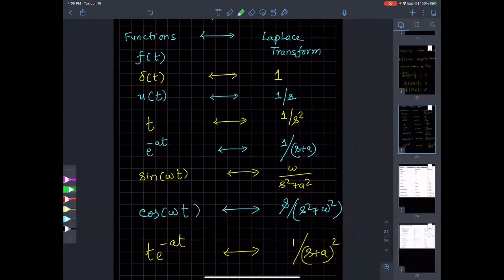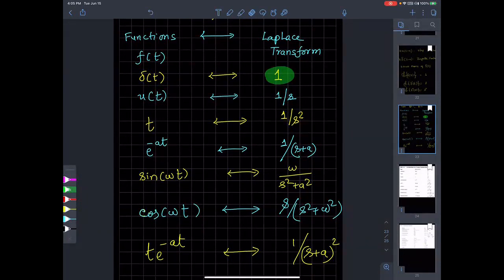If you have a function that is delta, what is its Laplace transform? If you have a step function, what is its Laplace transform? If you have t variable, what is its Laplace transform, and so on and so forth.